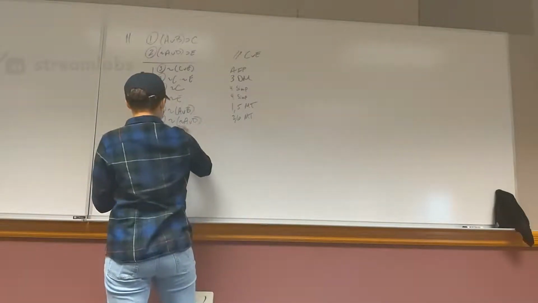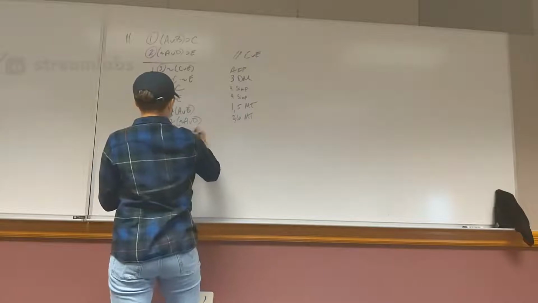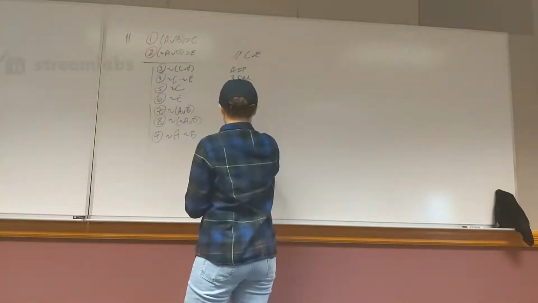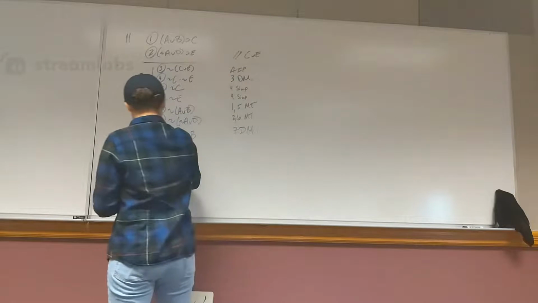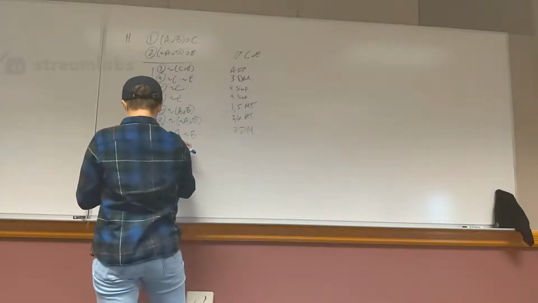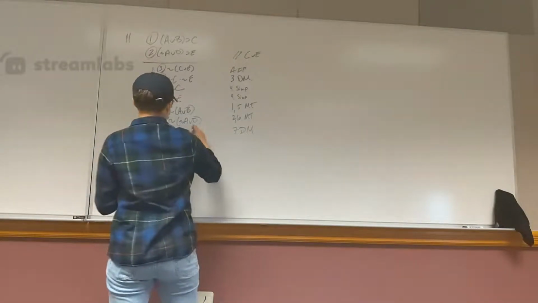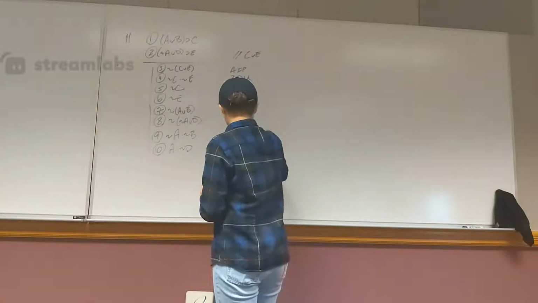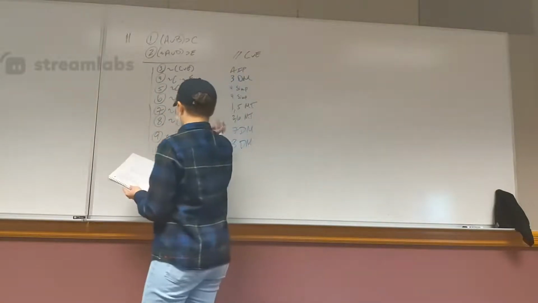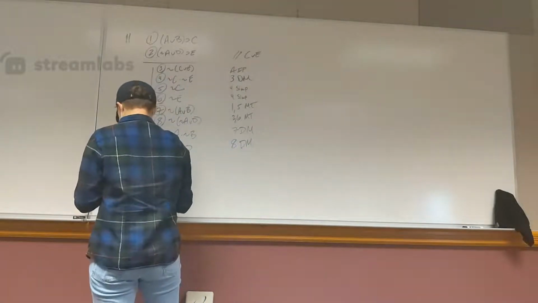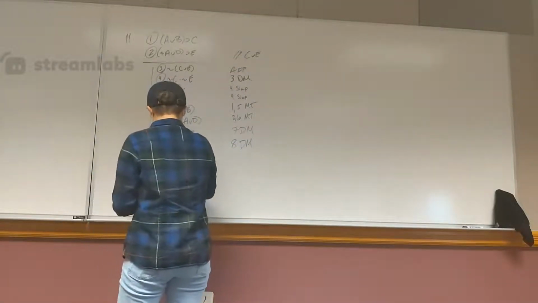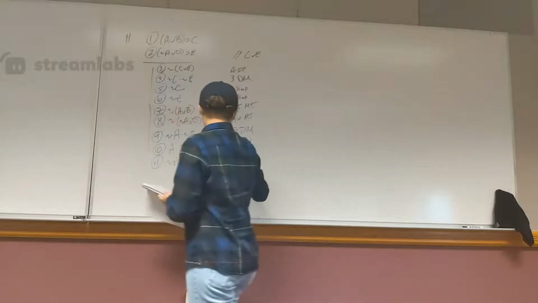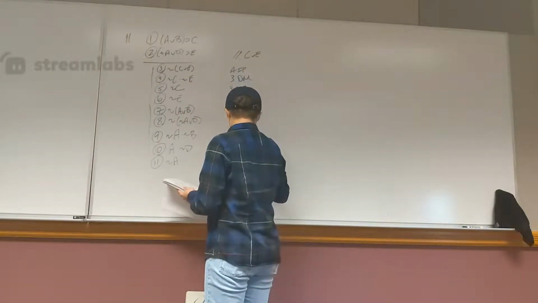Okay, and you can get not A and not B if the one ends in a seven. Good. A and not D if the one ends in eight. Double negation, you want me to do it, you get not A from nine, the simplification.